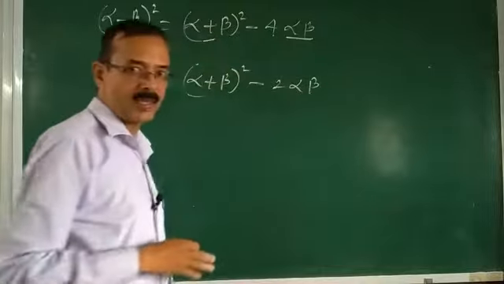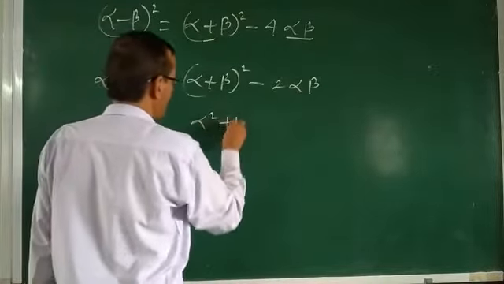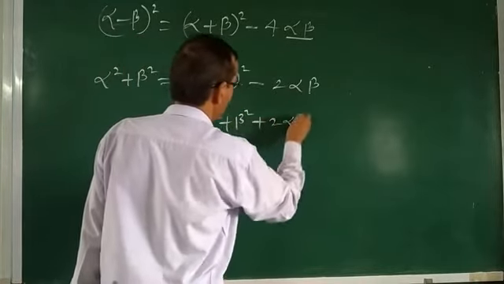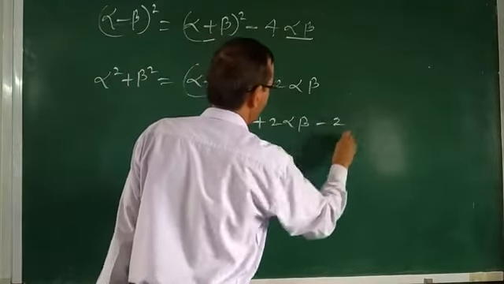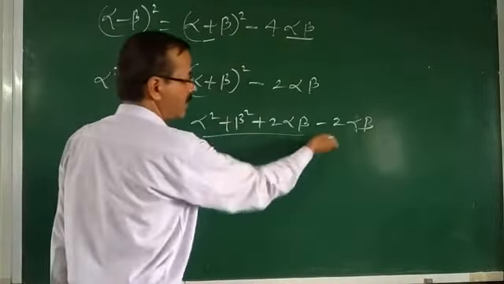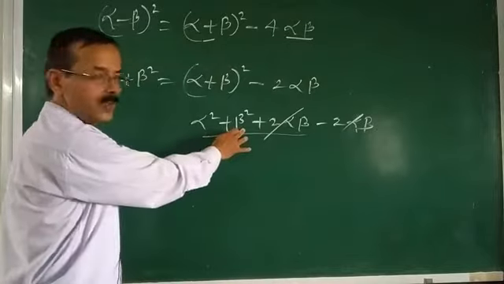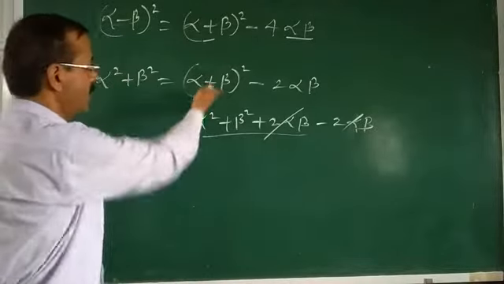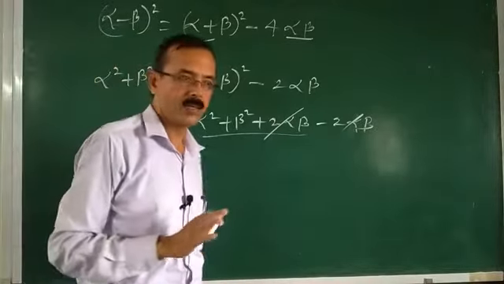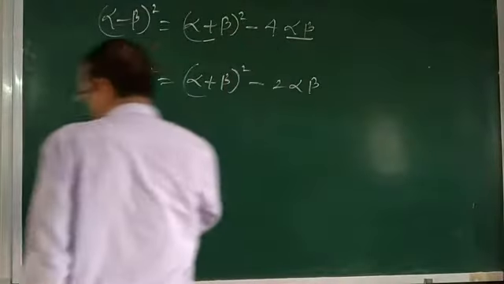Is it true? Yes, true. You can check that. If you open the bracket, what will be alpha square plus beta square plus 2 alpha beta minus 2 alpha beta. This is minus 2 alpha beta, this cancels. What is left is alpha square plus beta square. So we can arrange alpha square plus beta square this way. Right? There should be no doubt in this.